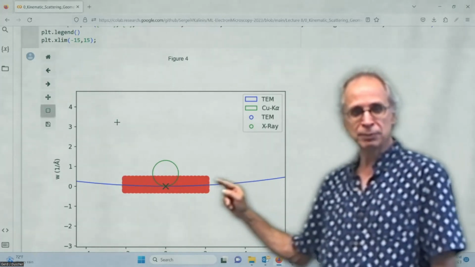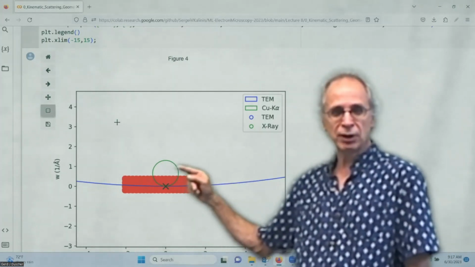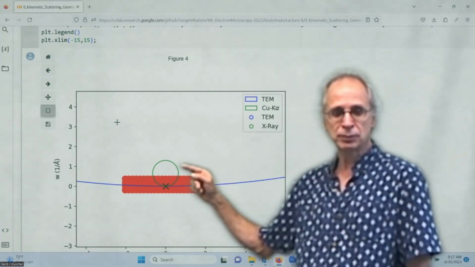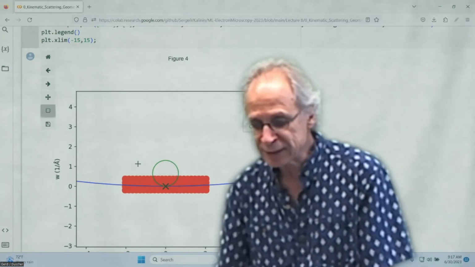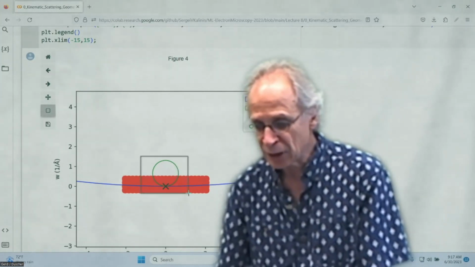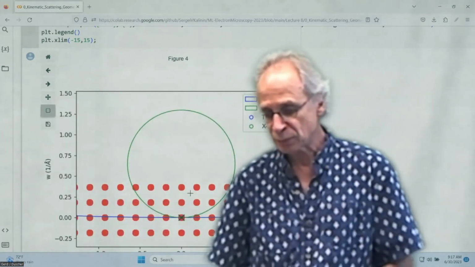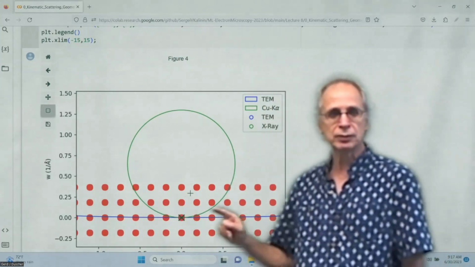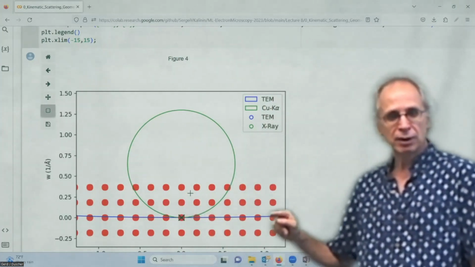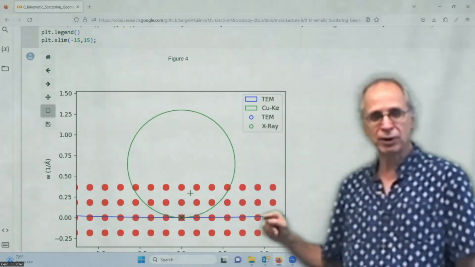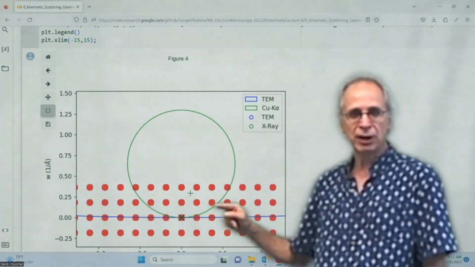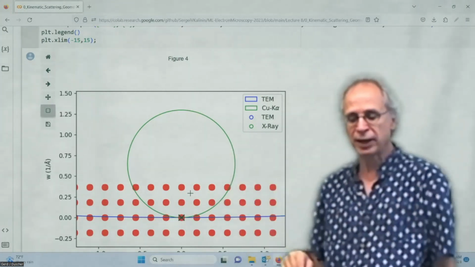So that's the blue one. This is what you have in X-ray. You see the difference. And now let's see what happens if you come in here. The Ewald sphere of our electrons is basically flat. We have a very high curvature in the X-rays.